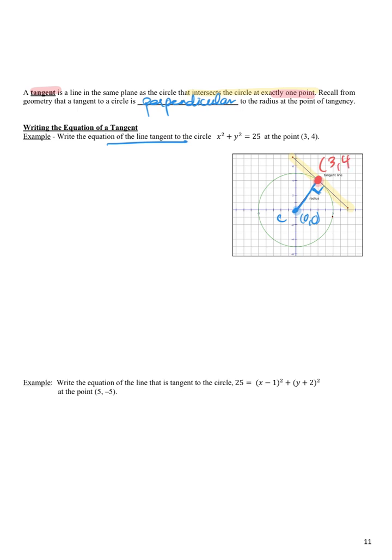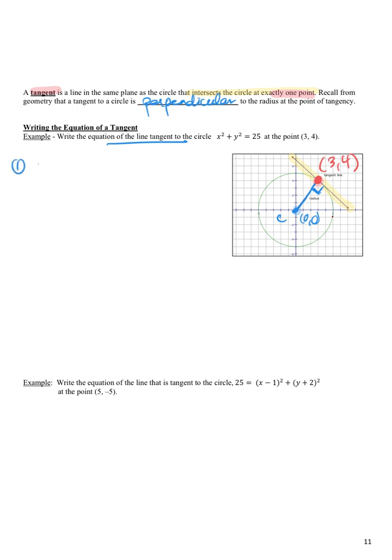So I'm trying to write the equation of that line. What might I need to do first? Before I can even get to the tangent line, there's another line segment in this circle that I do know: the radius, right?